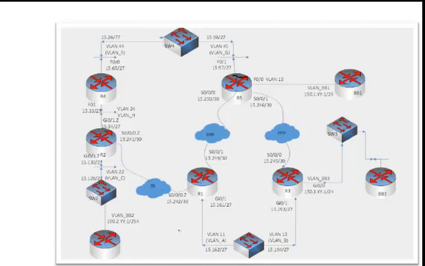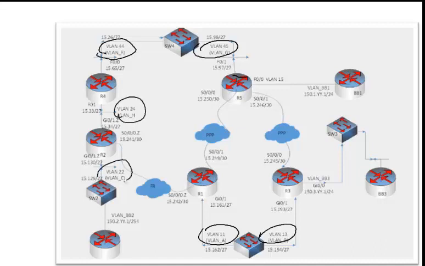For example, here it is VLAN 11, VLAN 23, then there is VLAN 45, VLAN 44, VLAN 24, VLAN 22, and so on. There's VLAN BB3, VLAN 15. We are going to configure all these VLANs. We are going to configure all these IP addresses as indicated here.